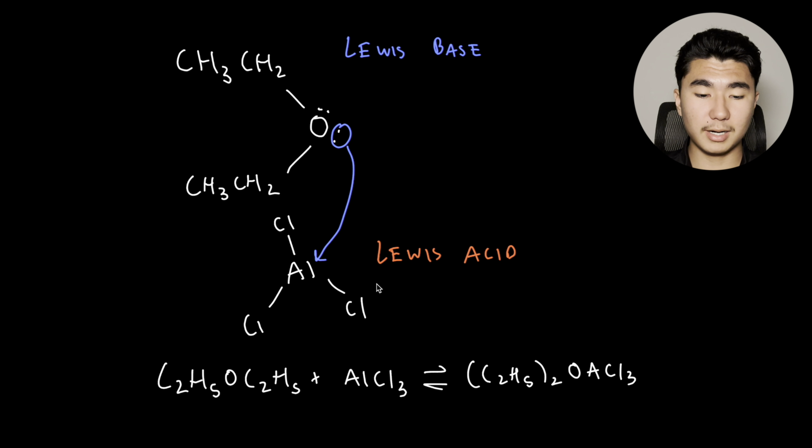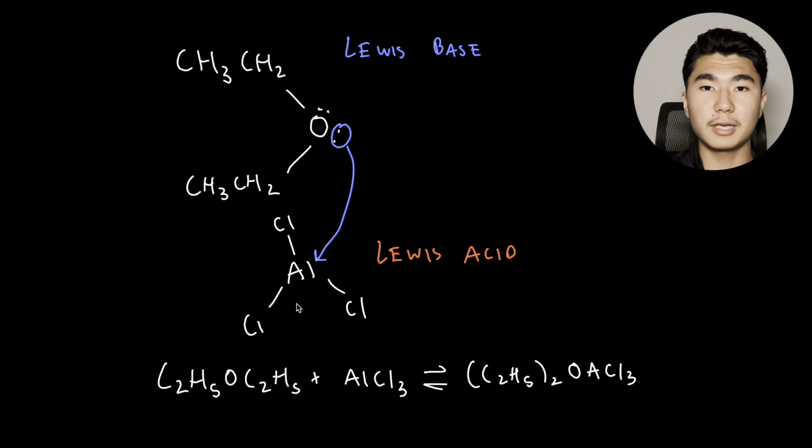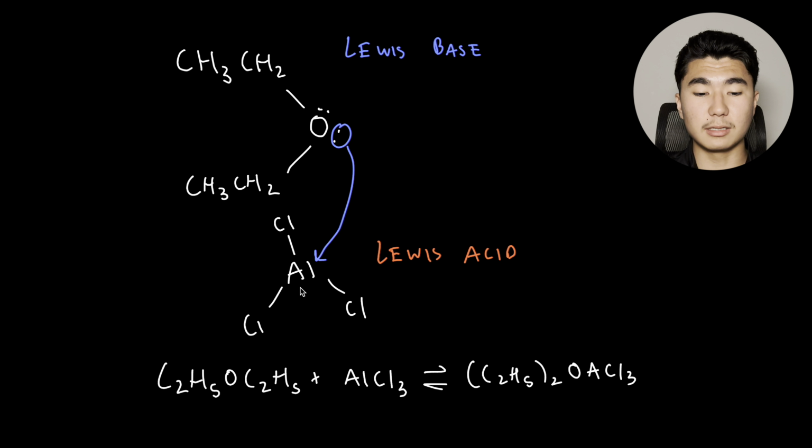And one of the reasons why it's so easy to accept those electrons is because, as you can see, it has an incomplete octet. Now, there are some elements that can go without having a complete octet, but this Al only has 6 electrons, so it really could use a couple of electrons to fill that octet rule. So that's why this is a Lewis acid. It's accepting those electrons, and this Lewis base is donating them.